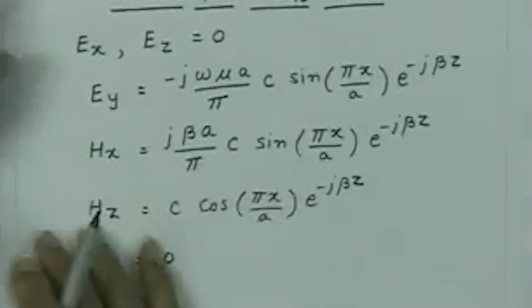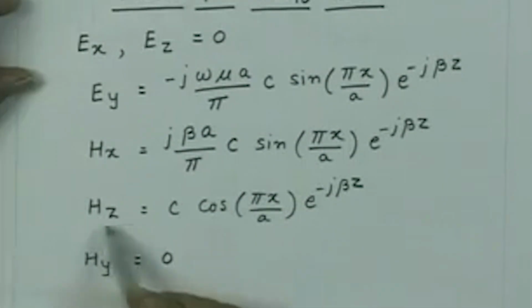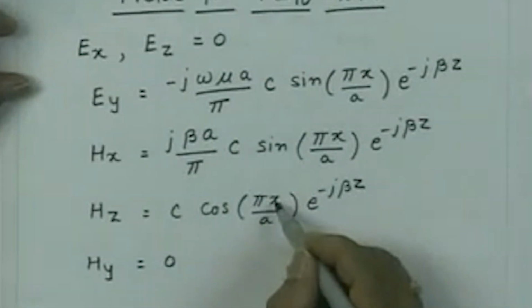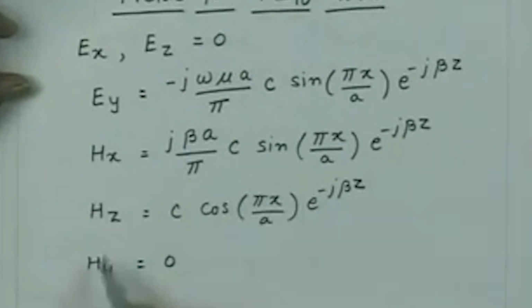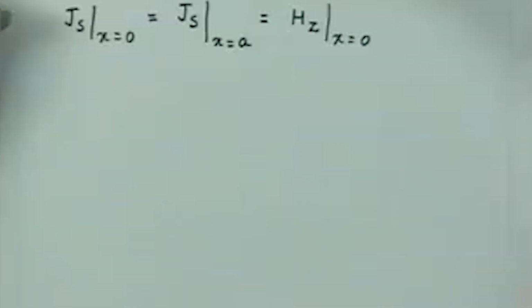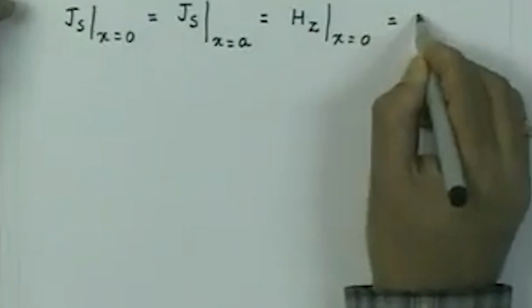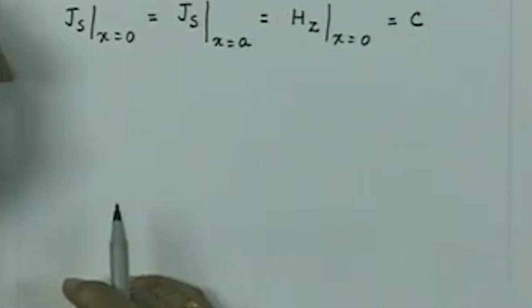So, if I take this component and if I put x equal to 0 or x equal to a, essentially this quantity will be equal to c. So, that is equal to the amplitude c.